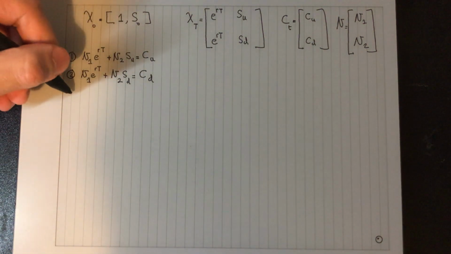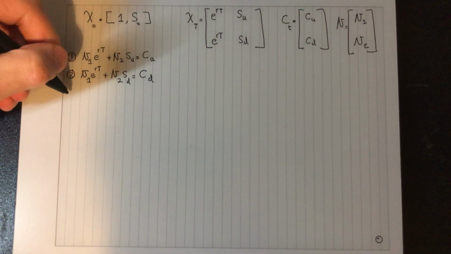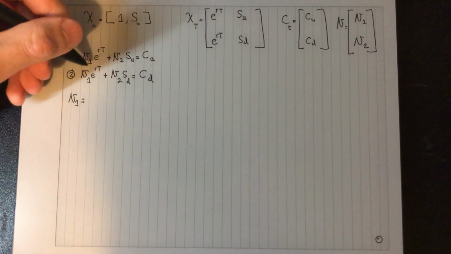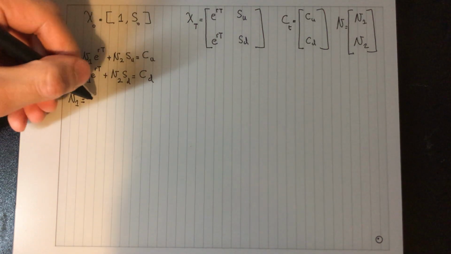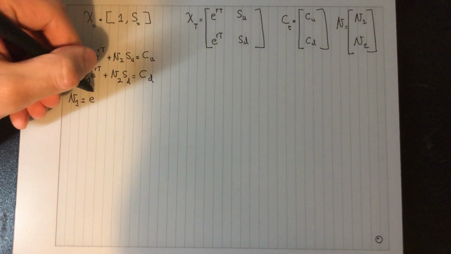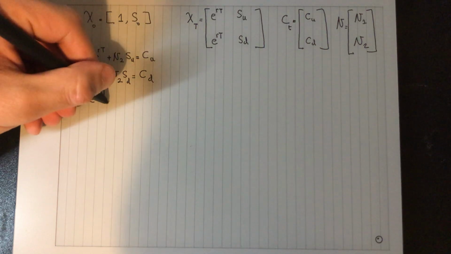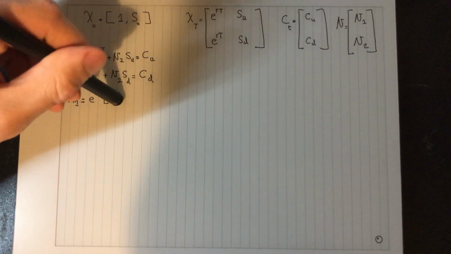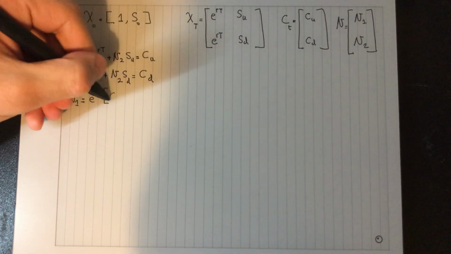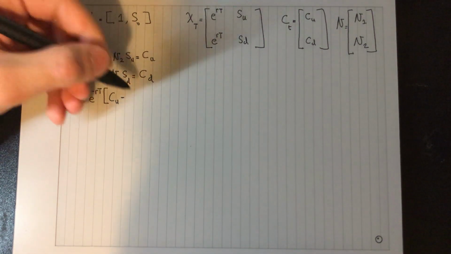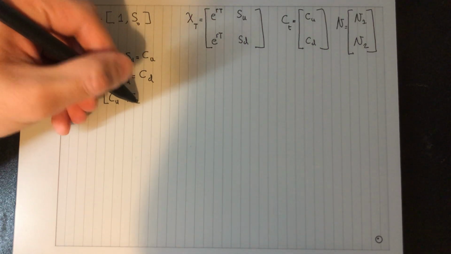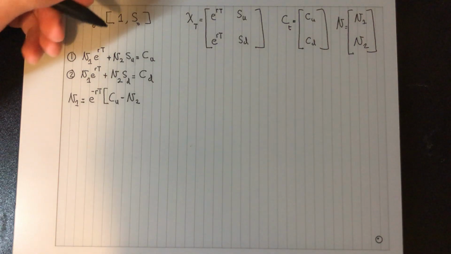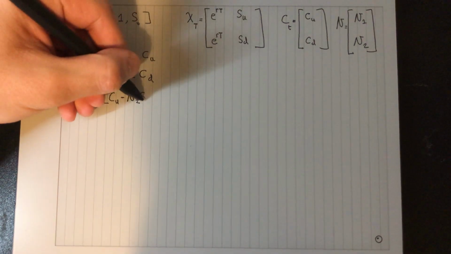And we will start with equation 1. So N1 would therefore equal e^(-RT) multiplied by (C_U minus N2 S_U).